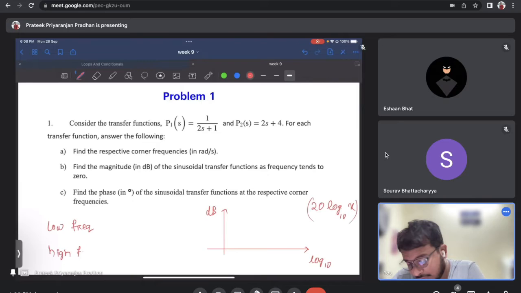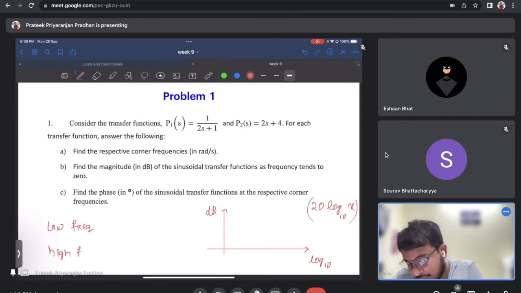So let's try the first question. P1(s) is equal to 1 upon 2s plus 1. Remember, when doing frequency analysis, generally s is equal to a real part plus j omega.